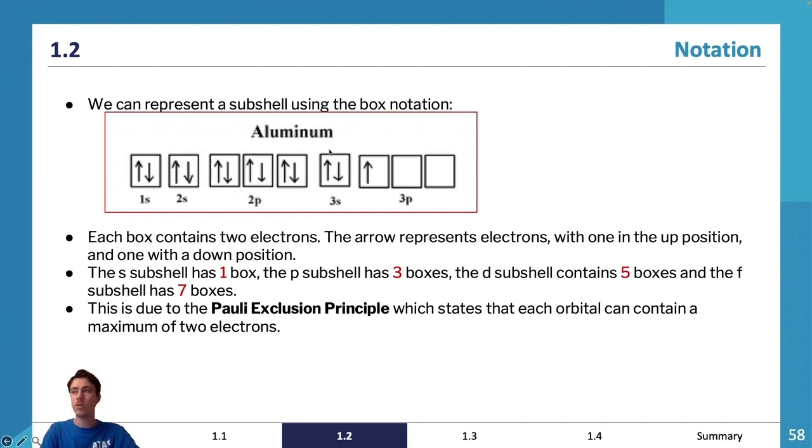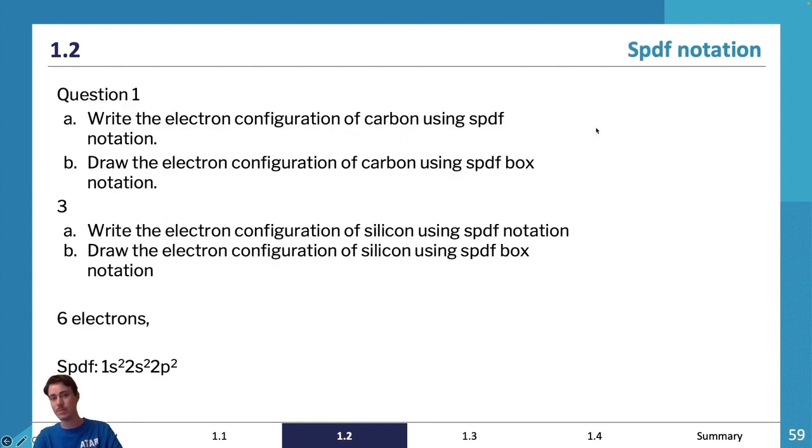You go 3s, 3p, and then 4s, 4p, and then back to 3d. You're not going to have to worry about that too much because it's not something you're going to discuss. But at this level, you need to understand the order is 1s, 2s, 2p, 3s, 3p. Really important. That's the order in which the electrons fill. They fill 1s first, then 2s, then 2p, then 3s, then 3p.